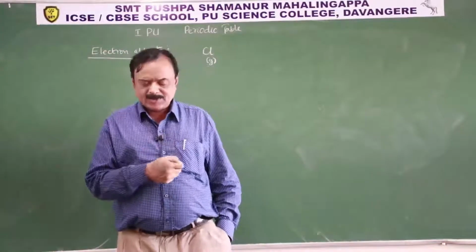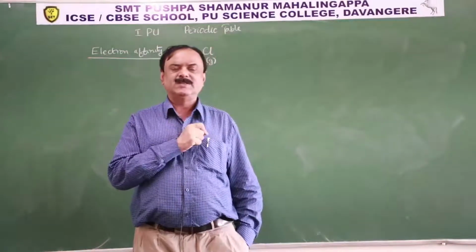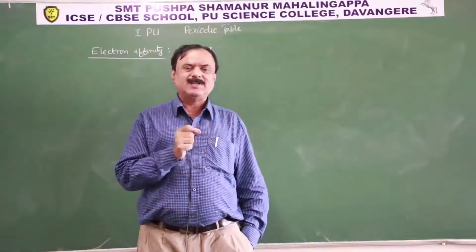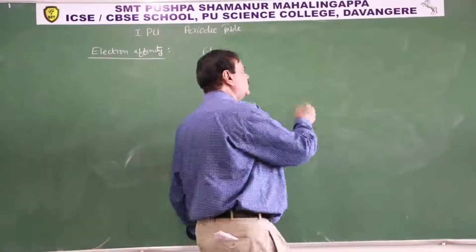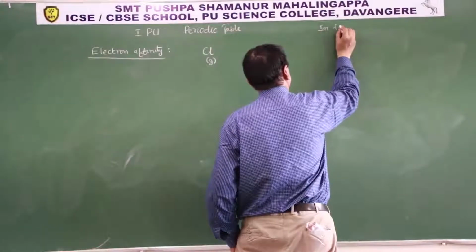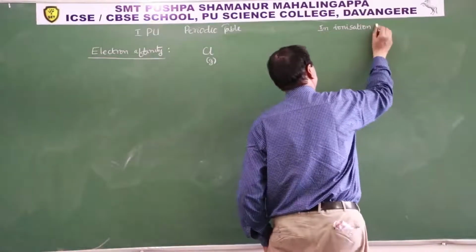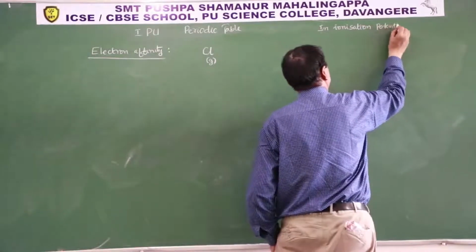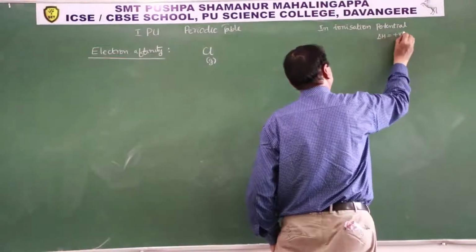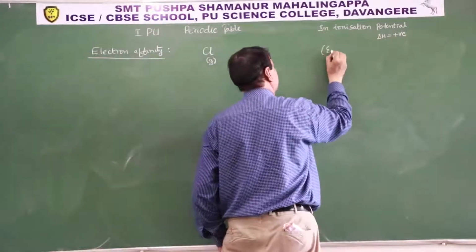Therefore, ionization potential is always an endothermic process because it requires energy. Electron affinity is always an exothermic process because it gives off energy. In ionization potential, delta H is positive, which means an endothermic process.